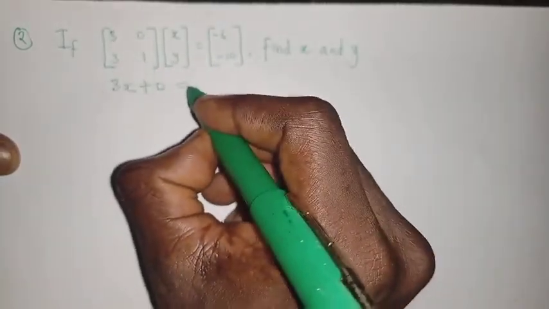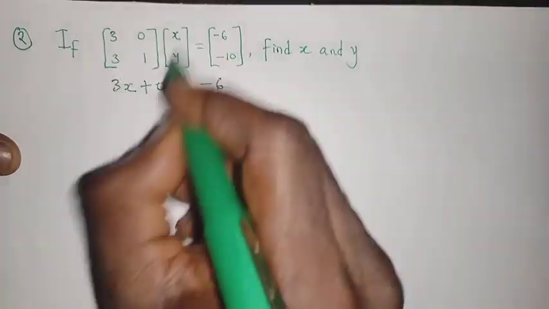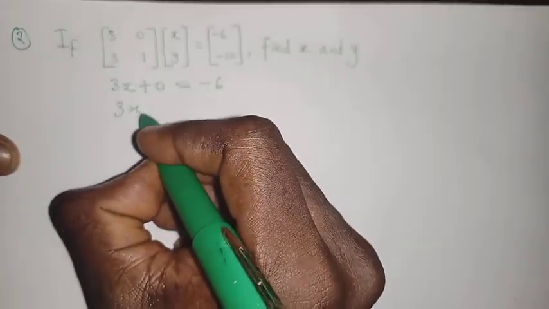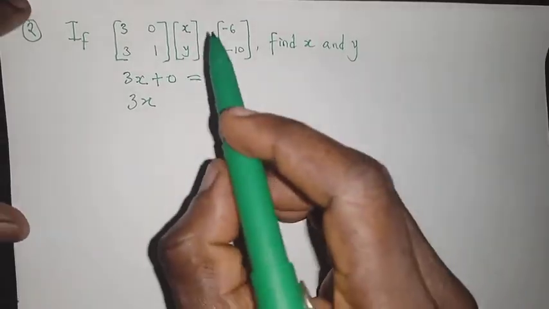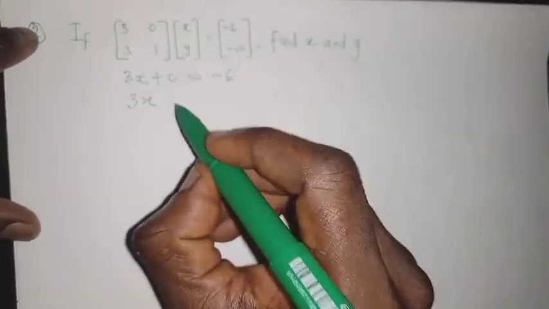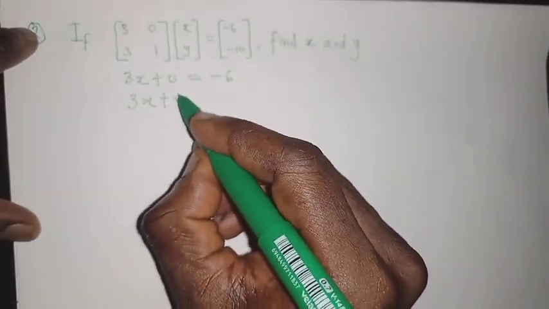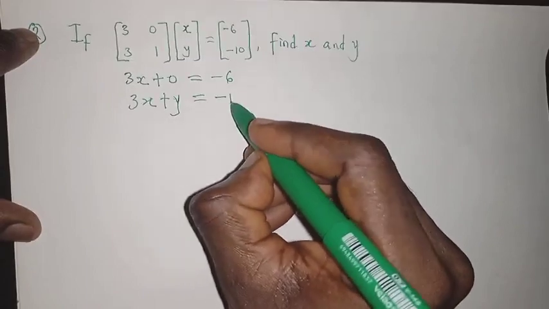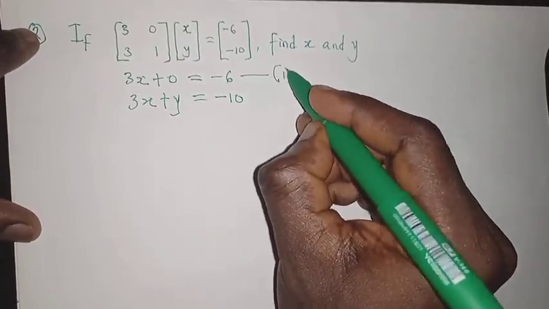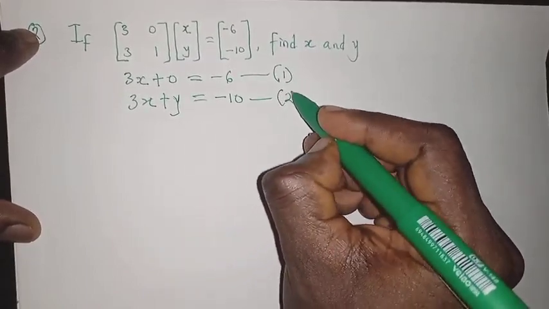Then it simply means that this is minus 6. Also 3 times x is 3x. 1 times y gives us plus y, and that's equal to minus 10. So I can call this equation 1 and call this equation 2.